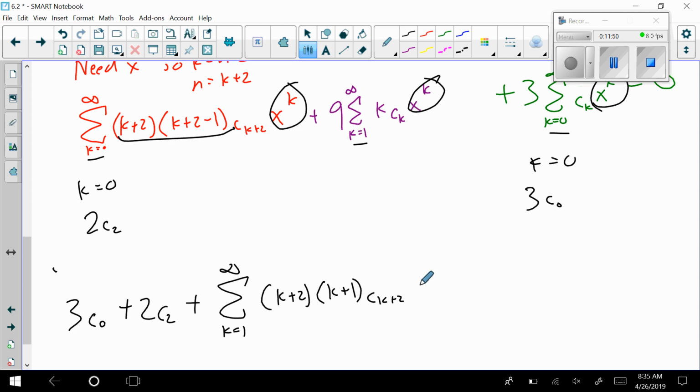So when I do this, I'm probably going to add, well, it's 9 times k, so that's 9k. And then I have, well, 3 times c sub k, but that's really going to be factored out, so I just need the 3. These both had c sub k's. And then all of this had my x to the k, and this equals 0.